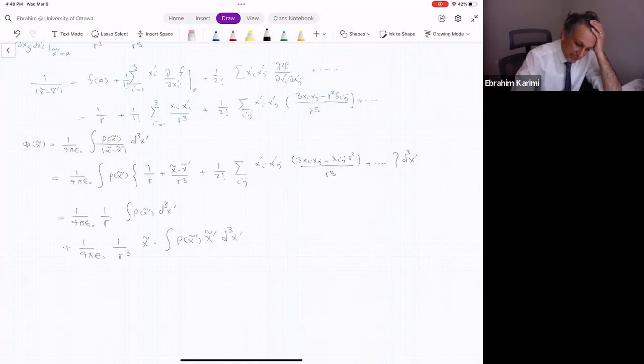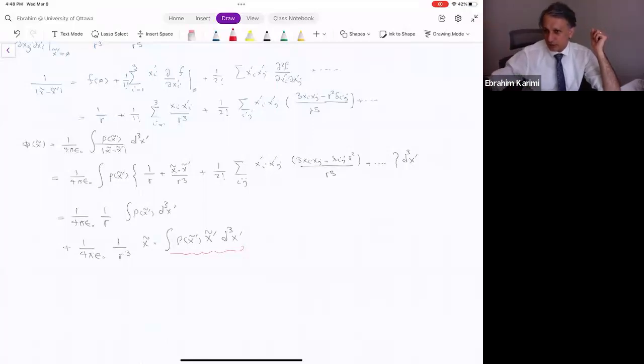Remember, this is a vector, right? You have to do the mathematics and calculate the integral of rho of x prime x prime 1, the integral of rho of x prime x prime 2, the integral of rho of x prime x prime 3, or in terms of x prime, y prime, and z prime. You have to do the mathematics and find that. The outcome of that will be a vector.